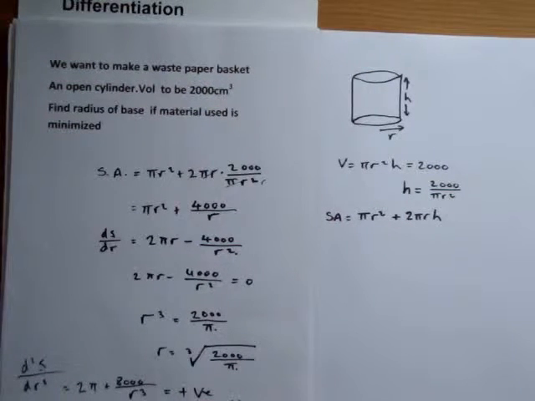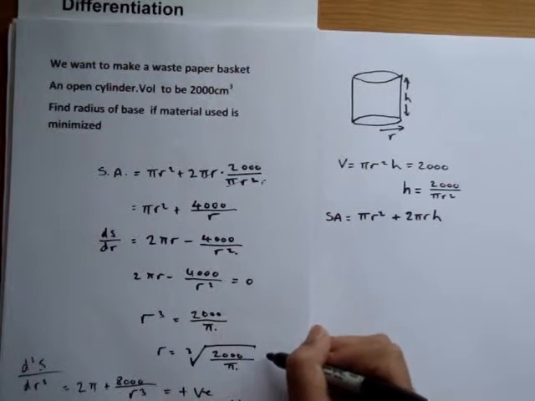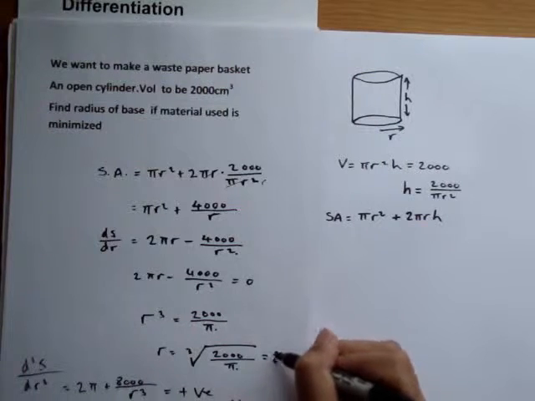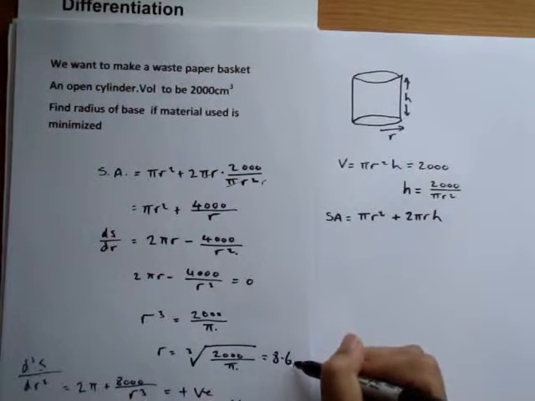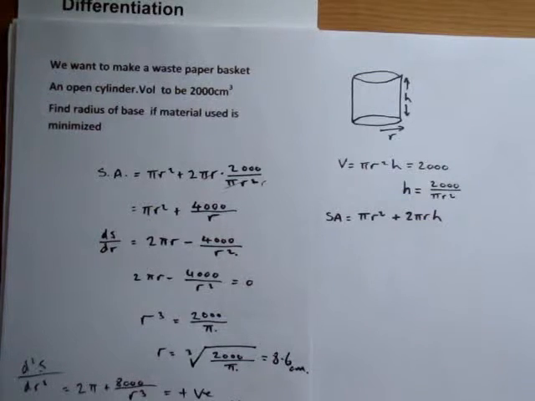And when we work out the cube root of 2000 over pi, it's approximately, to one decimal place, 8.6 centimeters.